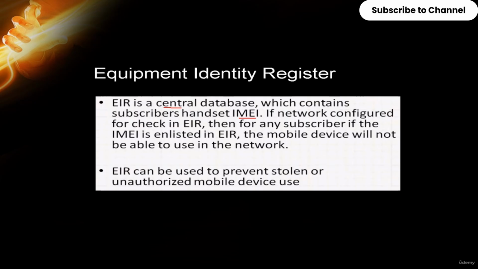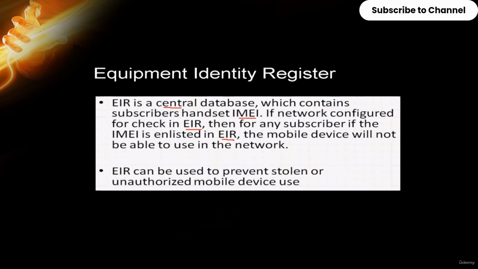It is configured with the equipment identity register, and for any subscriber, this IMEI number is listed in the equipment identity register. So by using this, sometimes if the mobile phone is missing, with this IMEI number and this EIR register, the missing mobiles can be easily identified.